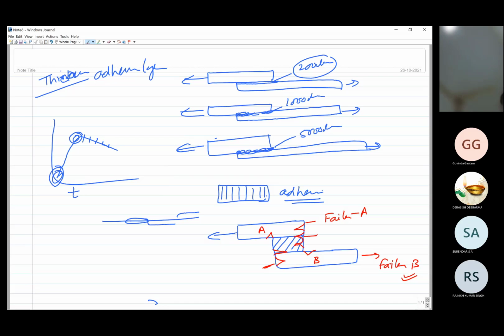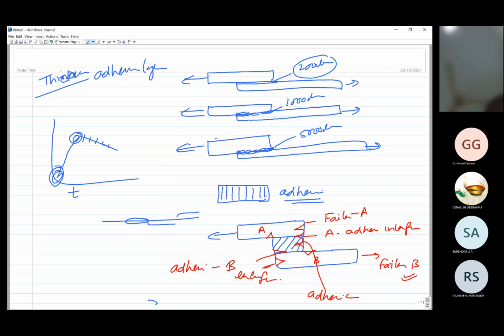Then the failure from the A and the adhesive interface, or failure from the adhesive and the B interface. Okay, and then the failure of the adhesive on its own.